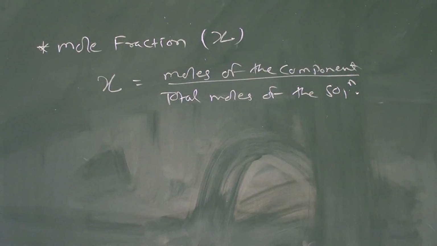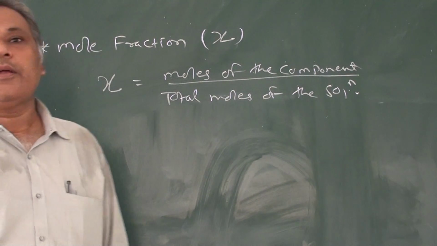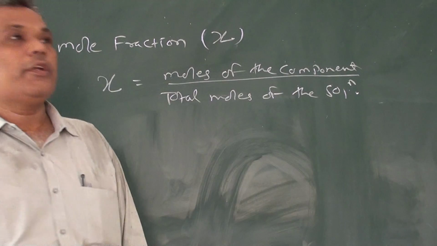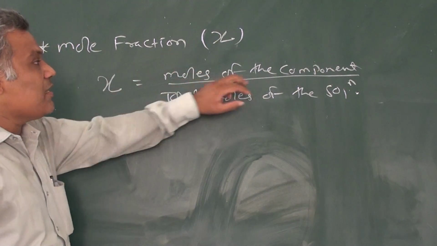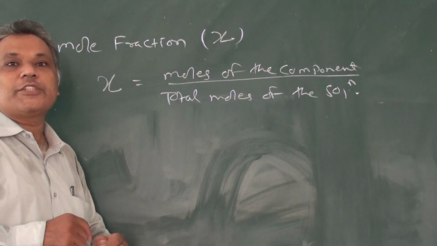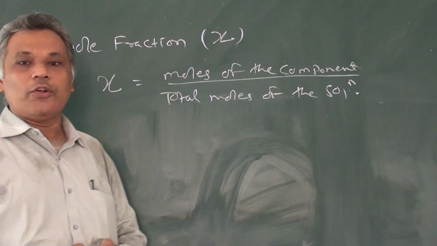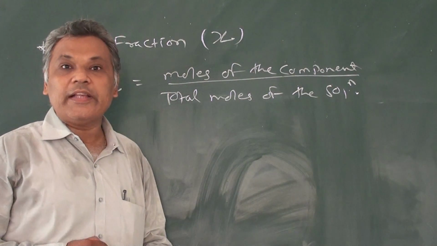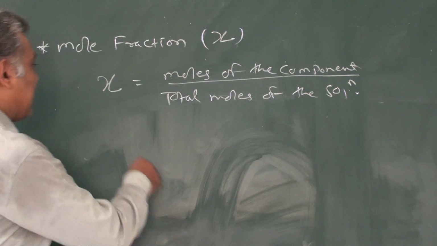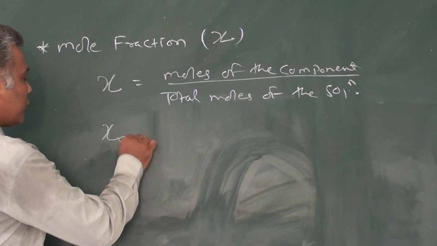Now, when we want to understand this, we can calculate moles of a component upon moles of the components in the solution. We can study which component. A solution is made up of solute and solvent, so we have two components, and we can calculate each individual component also.